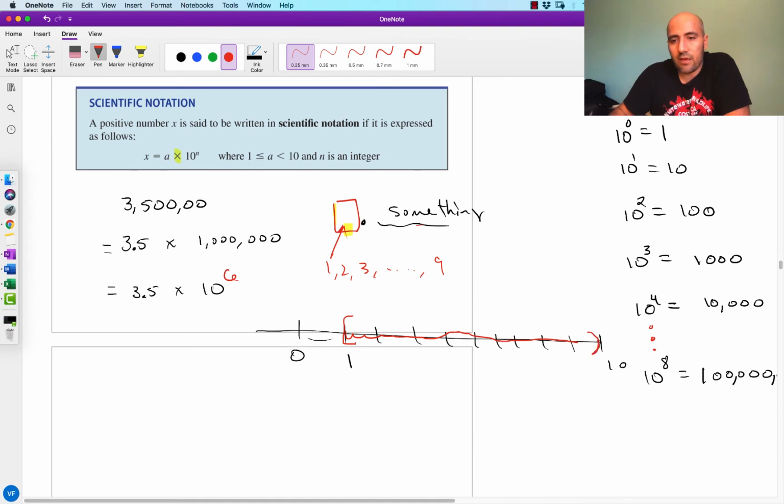So it's got to be a number in this part of the number line. Some decimal number that's bigger than or equal to 1, but strictly less than 10. The a value has to be somewhere in here. That's that leading value there, times some power of 10.